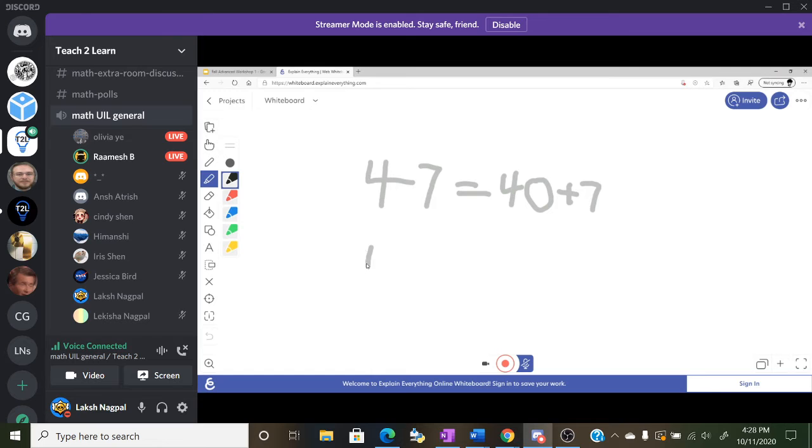So you'd have 40 squared, which, knowing your multiplication table, should be 1,600, plus 2ab, so 2 times 40, which would be 80, times 7, which would be 560, plus b squared, so 7 times 7, knowing multiplication tables again, would be 49. And you basically add all these up, and you have your square.